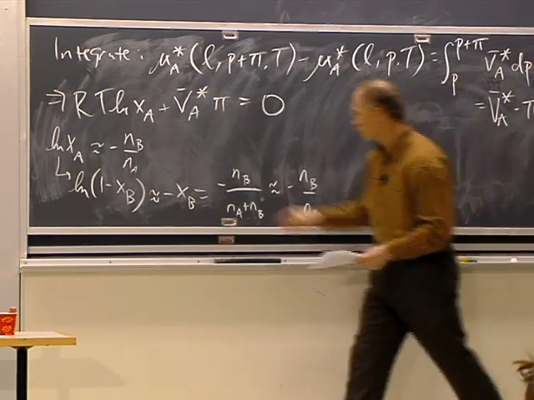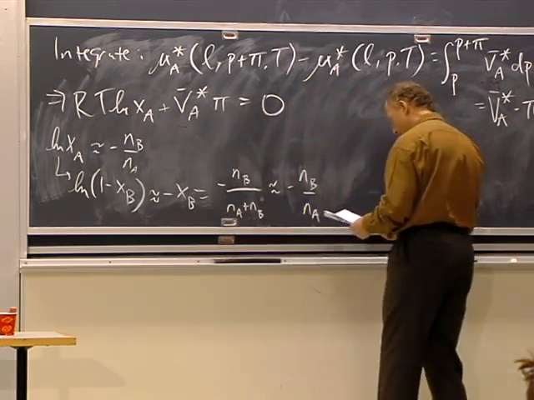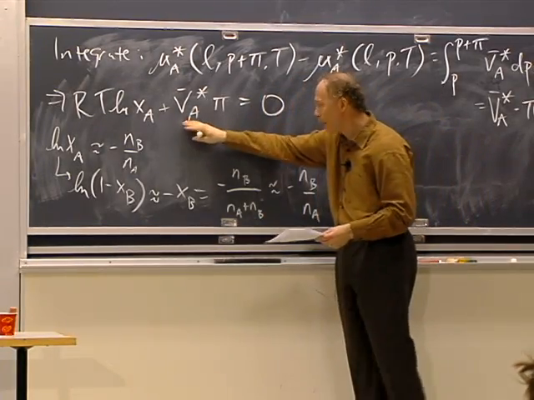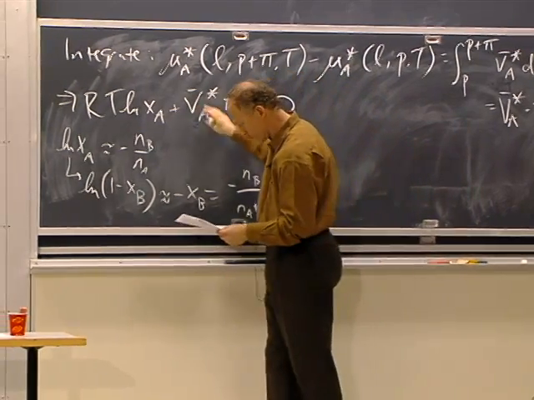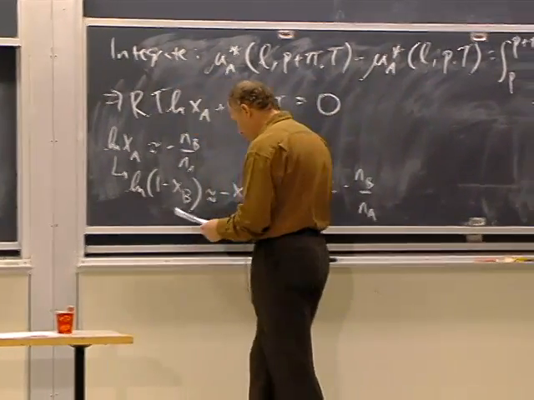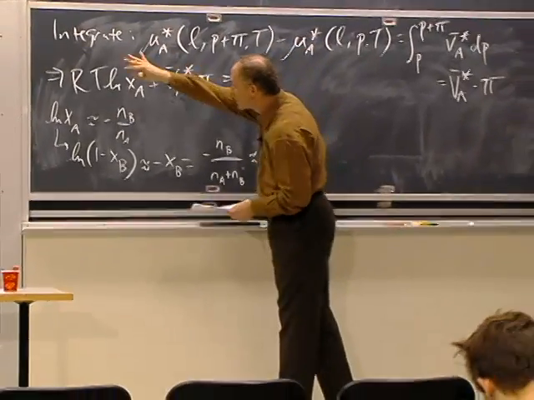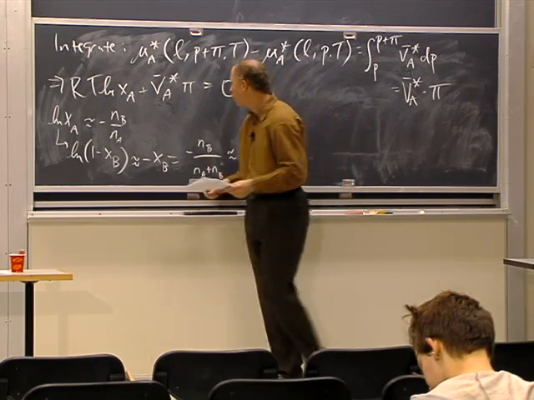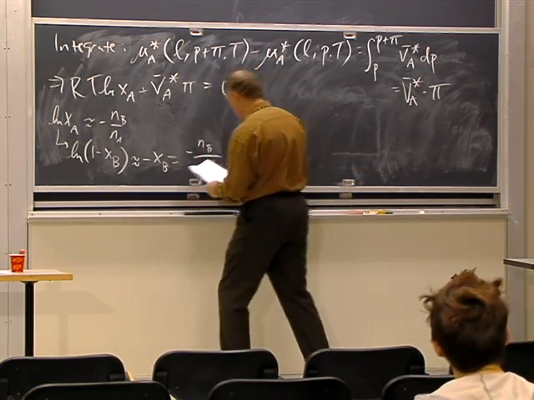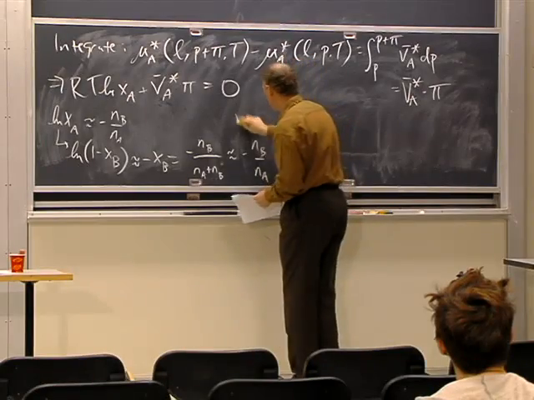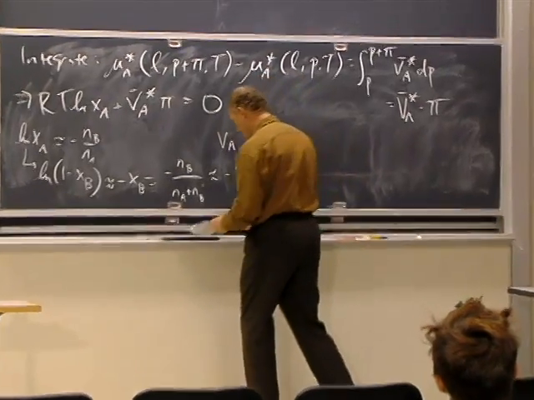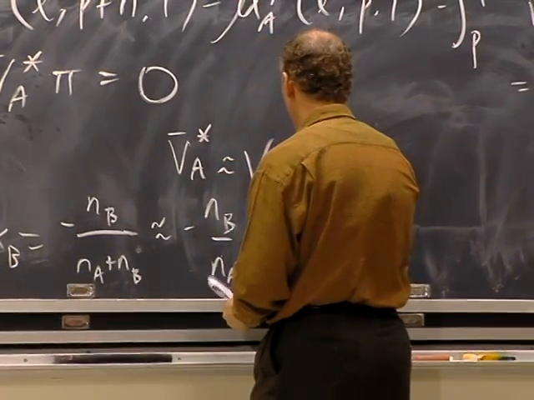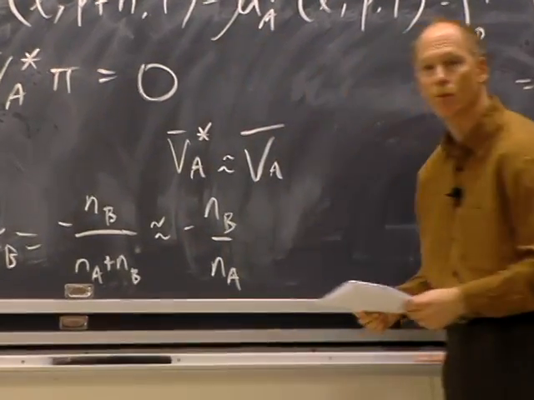Okay, so we're going to make this substitution. Also, this molar volume of A over the pure liquid, since the concentration of B is low, we can assume that this is just the molar volume of A in general. So in other words, we can write VA bar star just as VA bar.